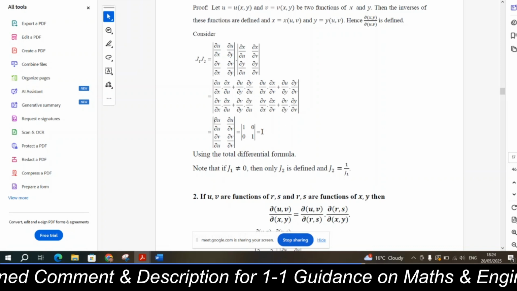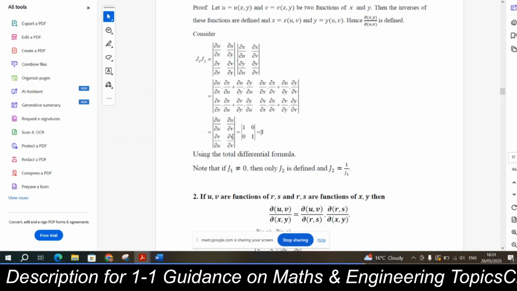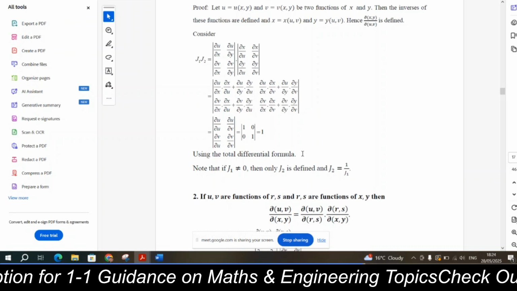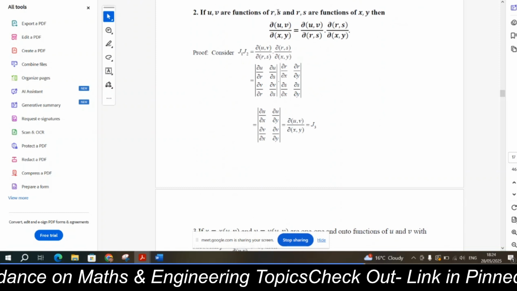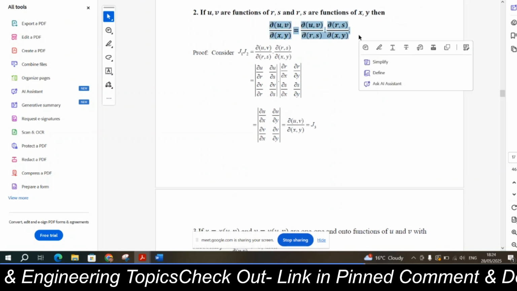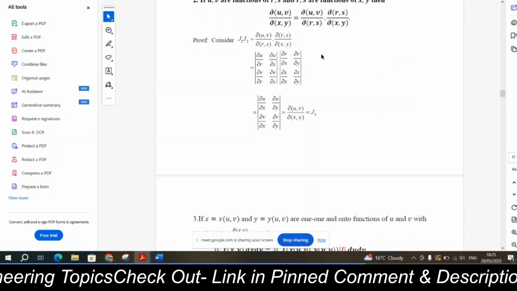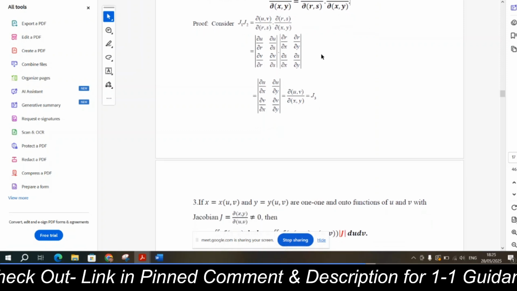You have delta u by delta v plus delta u by delta v. Over here, again, this gets cancelled. Delta v by delta u plus delta v by delta u. And over here, delta v by delta v plus delta v by delta v. So I'm not sure why this is coming as 1. Okay, I'll have to get back to you with this particular thing. This does not seem to be correctly written. I'll get back to that.